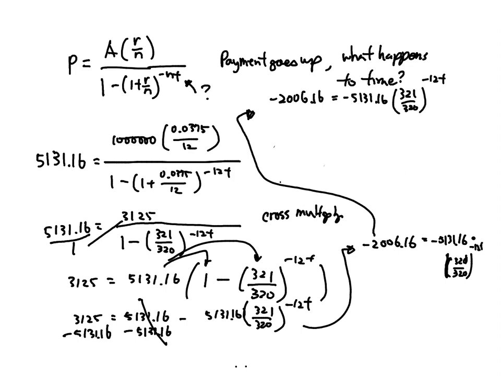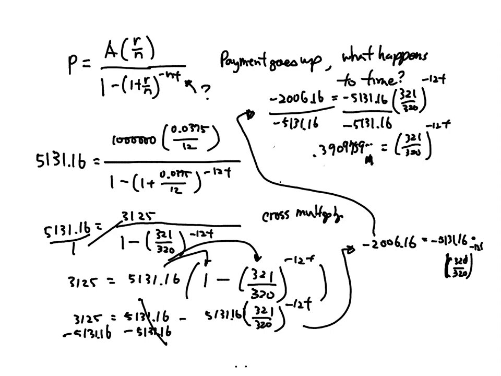So from here, I am going to divide both sides by negative 5131.16. So this is going to be 0.3909759... equal 321 over 320 raised to the negative 12t.